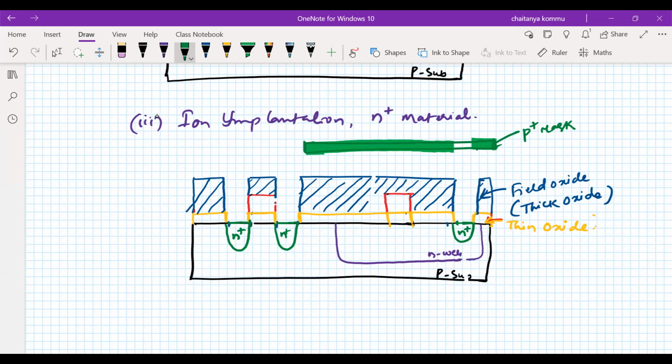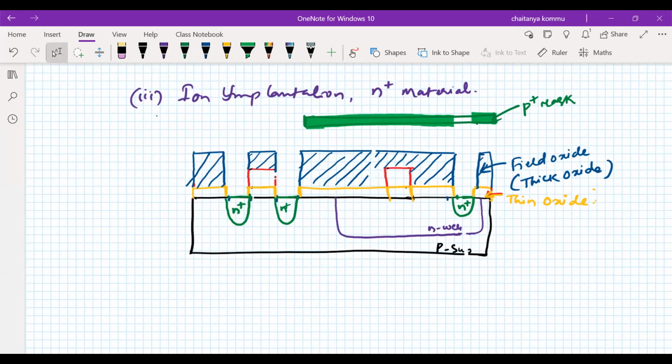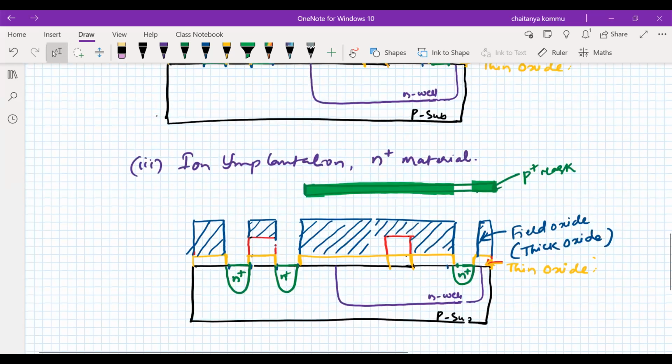Okay, so once it is completed, we have to cover the entire region again with the help of field oxide, and then go for the source and drain of the PMOS transistor and the substrate of the NMOS transistor. Clear? So let us do the same steps again.